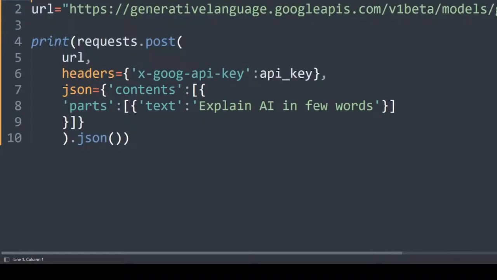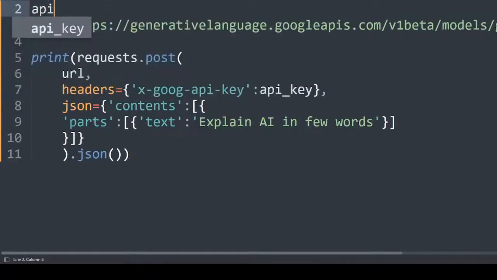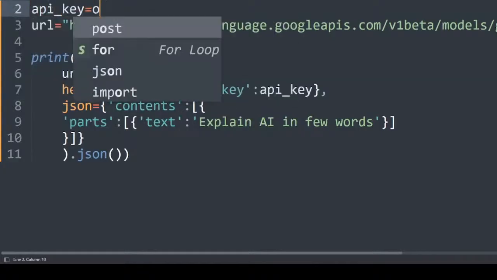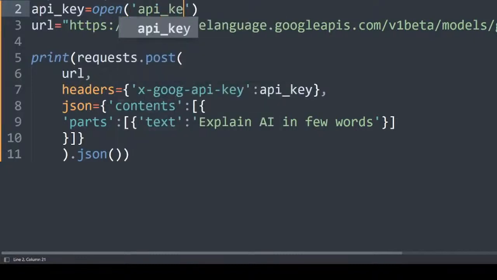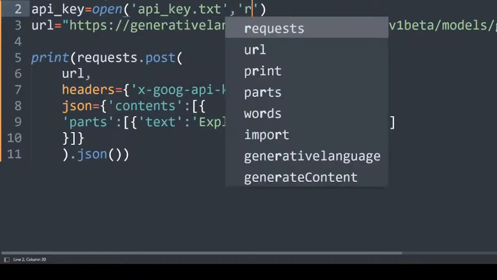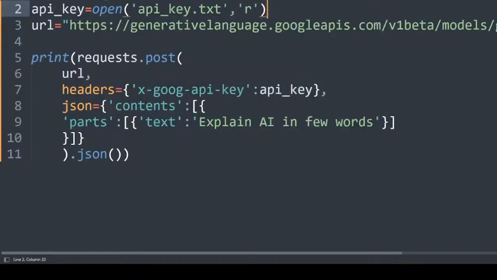You have to fill in certain things: you need to import the module, and you need to import your API key, which means you have to open the text file that is available and read it. If any spaces are there, you need to strip them, and the file name should be perfect.